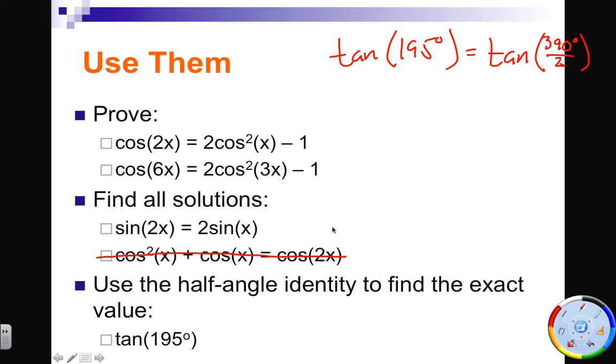And the half angle identity for tangent is kind of ugly, and you're like, well, which one should I use? I don't know. Use the easier one. I wouldn't use the square root one, really, but you can.